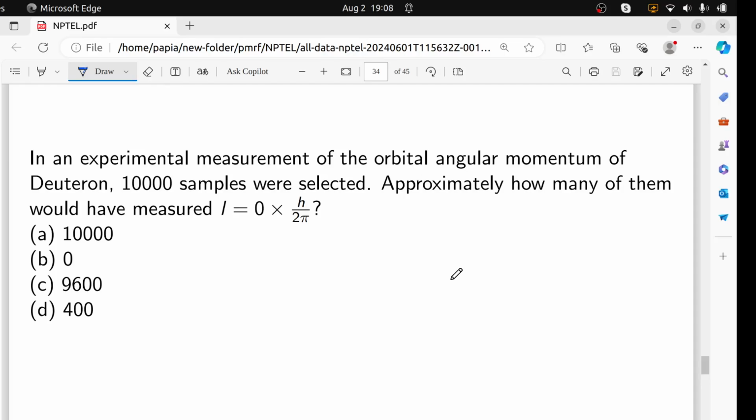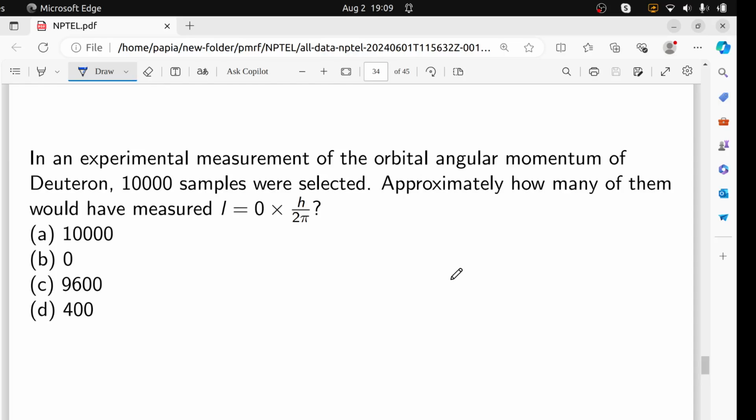So how many samples will be for L equals to 0 and how many will be for L equals to 2? Because in the previous class, you have remembered that the deuteron is not a pure angular momentum state. It has a mixture of angular momentum L equals to 0 as well as L equals to 2.